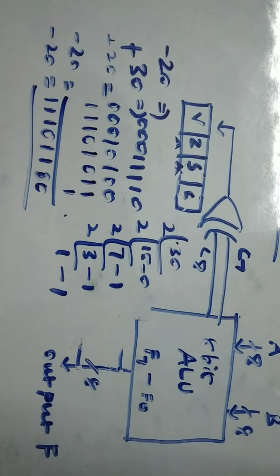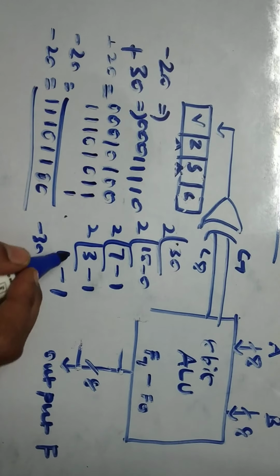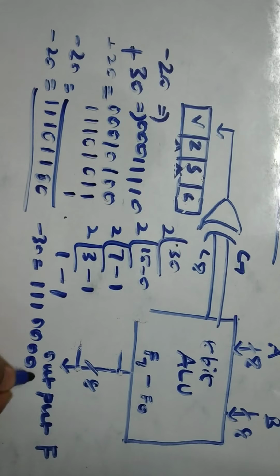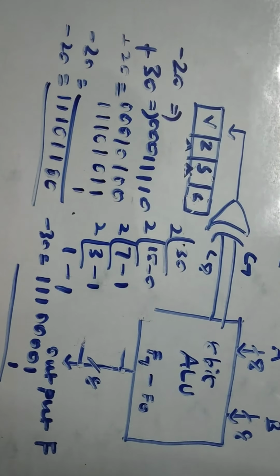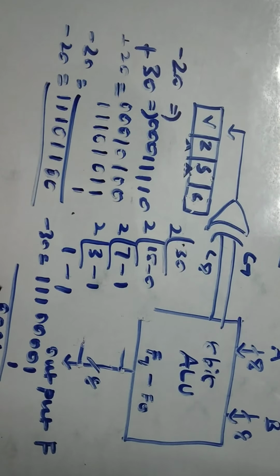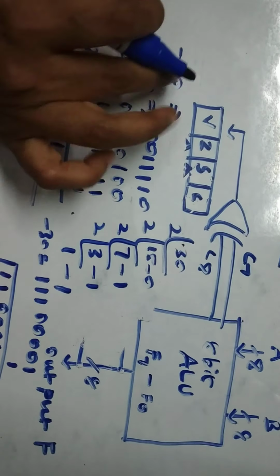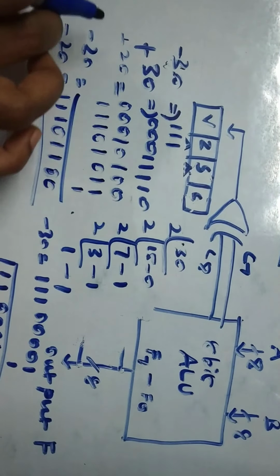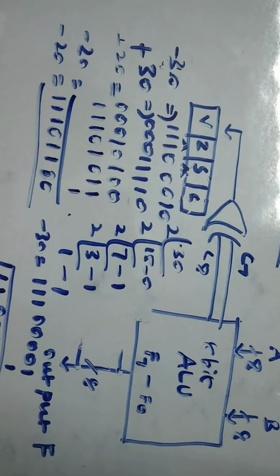If you take the 2's complement of the given input to get minus 30, the 1's complement is 1 1 1 0 0 0 0 1, adding 1 to that we get 1 1 1 0 0 0 1 0. So this is the value for minus 30.